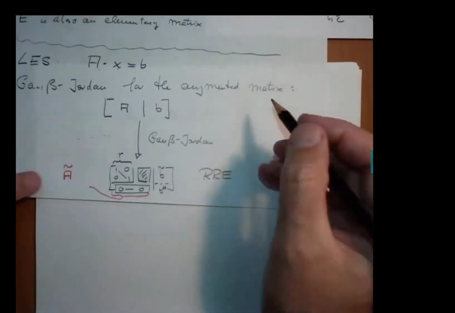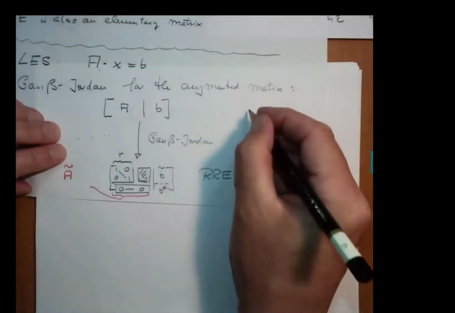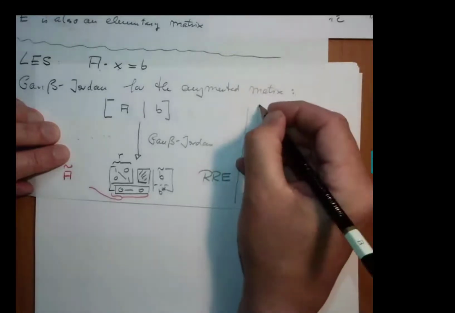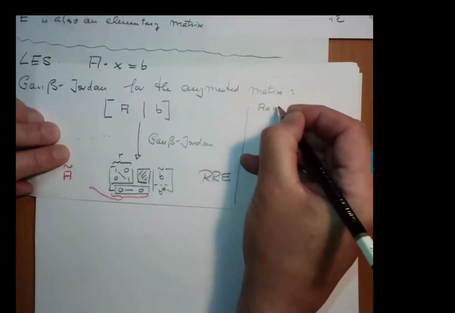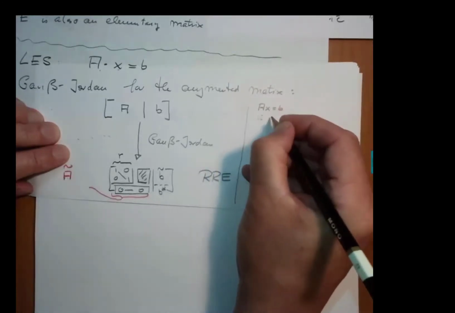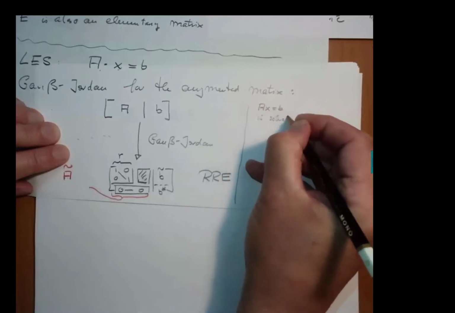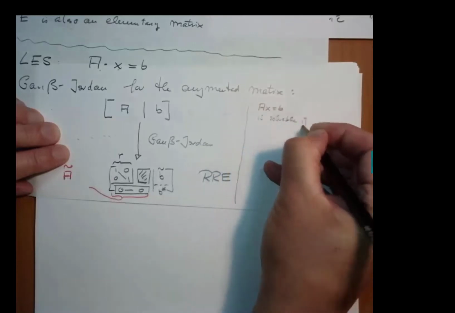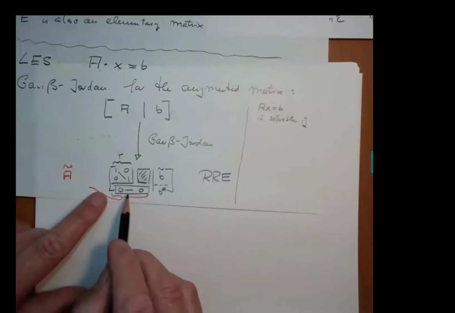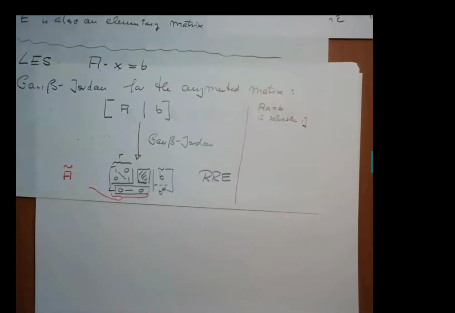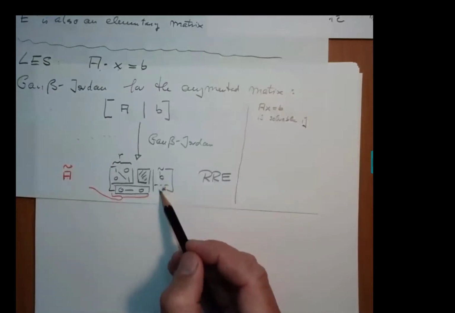So maybe just here, AX equal to B is solvable if, what is the condition that we actually find a solution here? It depends on the right-hand side, no?